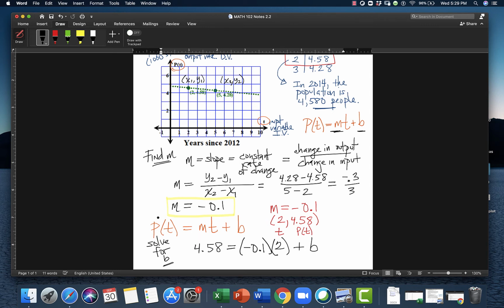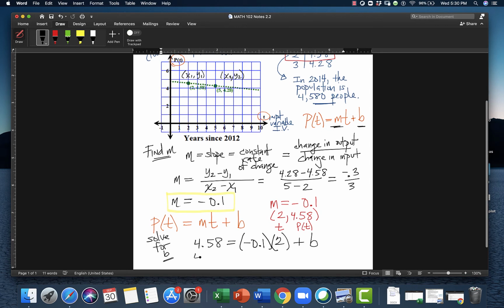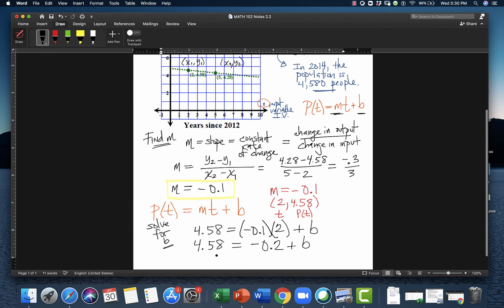So we replace P of t with 4.58, m with negative 0.1, t with 2, and we left b here, and we're going to solve for b. This simplifies to 4.58 equals negative 0.2 plus b. And when we add 0.2 to both sides, we end up with b is equal to 4.78. Make sure that makes sense to you.